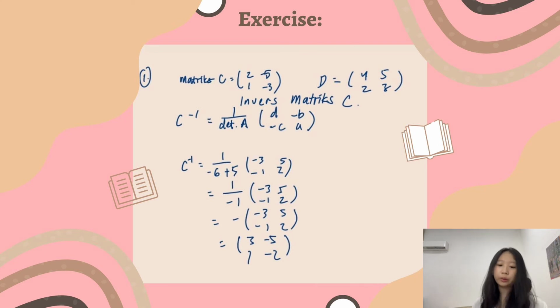So the way we do it is C to the power of -1 equals 1 over the main diagonal. It is -3 times 2, so -6, plus minus 5 times 1, which is -1. So -6 plus 5. Then for the matrix, we switch the positions of A and D, so we make those into -3.